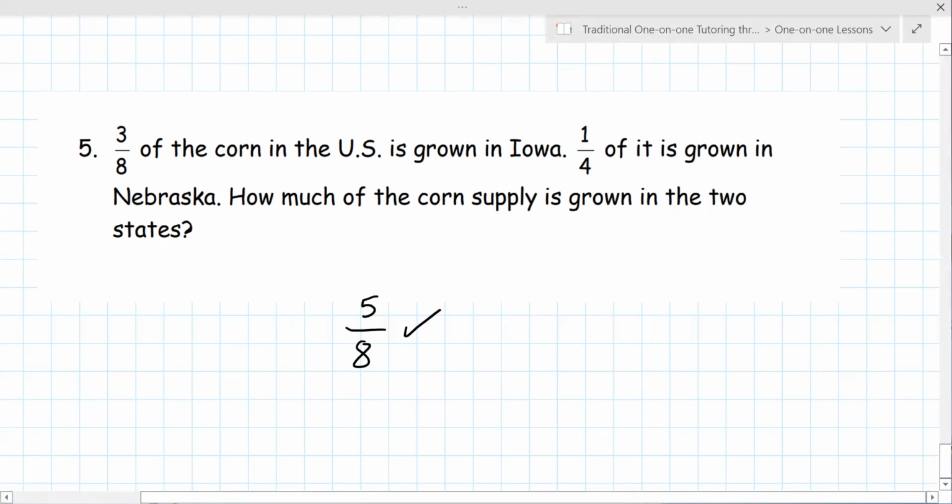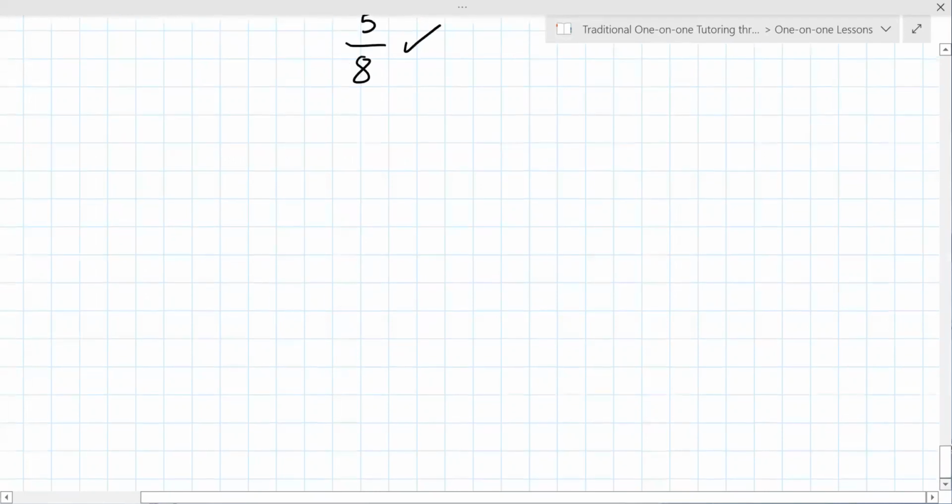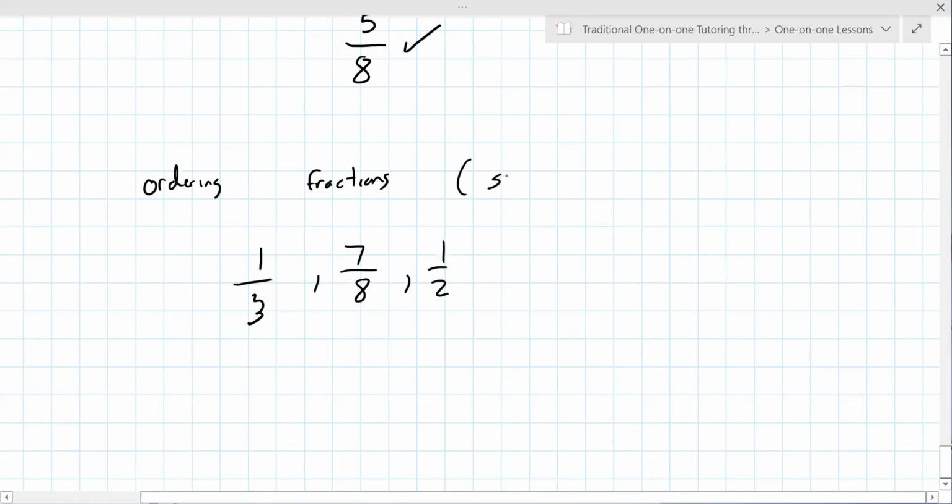All right, so another task that I think we could look at here is we didn't talk about ordering fractions. So for example, let's say I gave you 1/3, 7/8, and 1/2, and I wanted them ordered from smallest to largest.